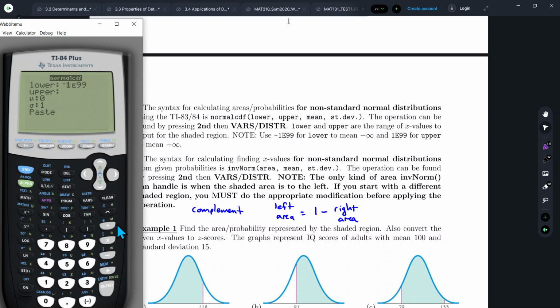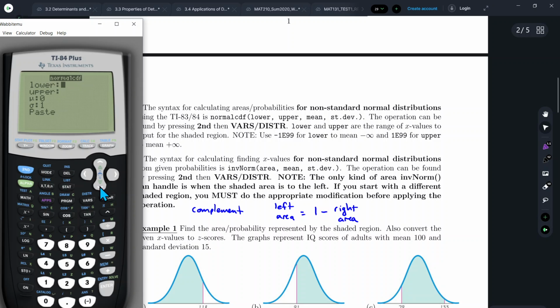If I wanted to enter -1E99, that's -1, and then the scientific notation is this EE key, so second E, and it should look like this on the screen, and then 99. That's what we use to represent negative infinity.